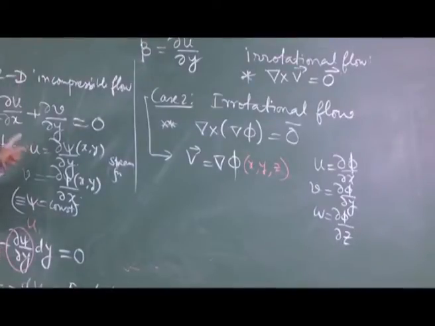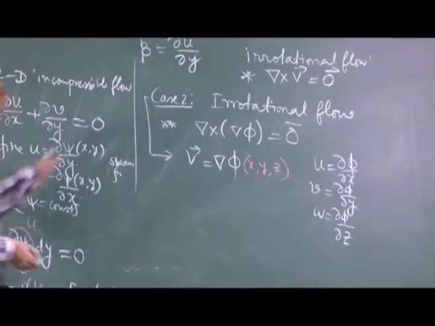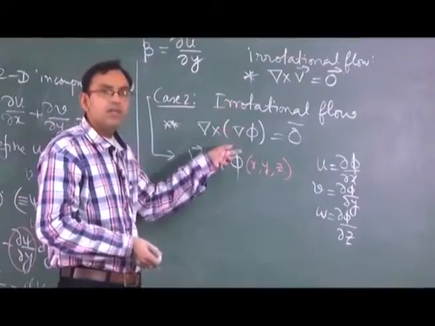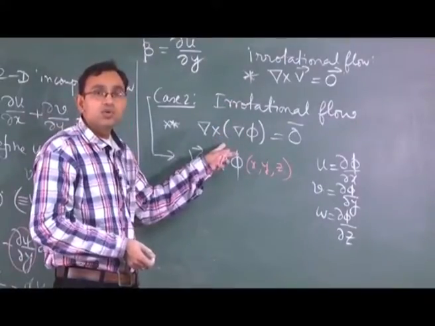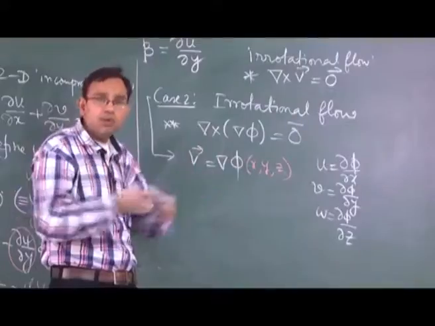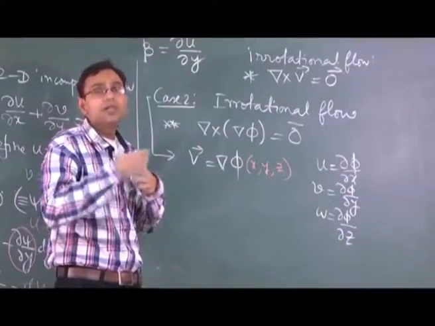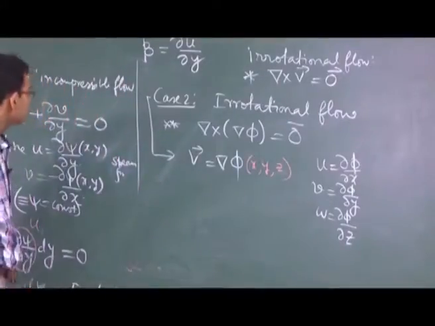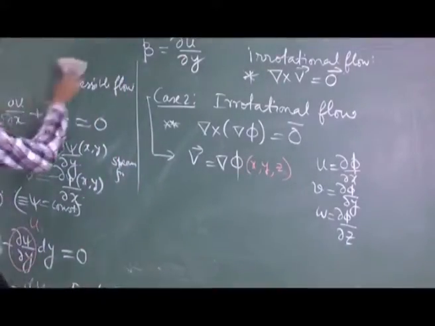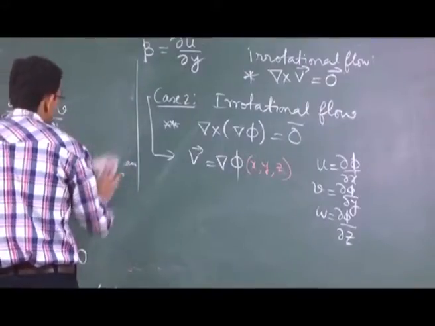Psi is defined for 2-dimensional incompressible flow, phi is defined for any irrotational flow, maybe 2D or 3D. So, their intersection, when both of them are defined, is for 2-dimensional incompressible and irrotational flow. So, let us discuss that.